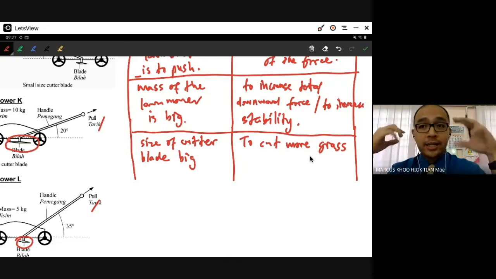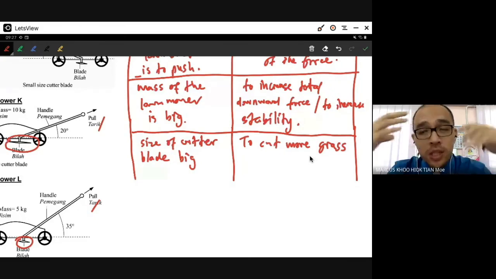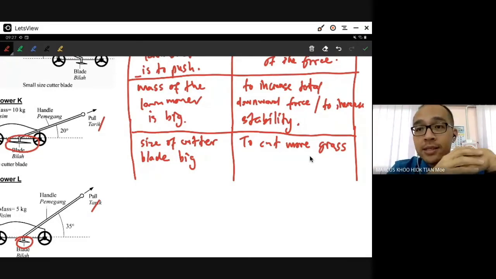Okay, guys, this one has nothing to do with physics, it's just logic and common sense. Not everything has to be a physics answer. Sometimes, just using logic and common sense will also help you with this answer, because this is a problem solving question. It's a physics related problem solving question, but sometimes a lot of problems can be solved by just using basic logic.